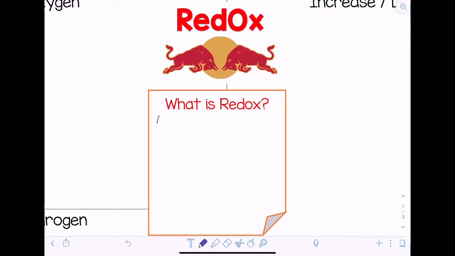Now, a redox reaction is one where these two reactions, oxidation together with reduction, are occurring at the same time. We can use this term, if you're familiar with it, which is simultaneously.